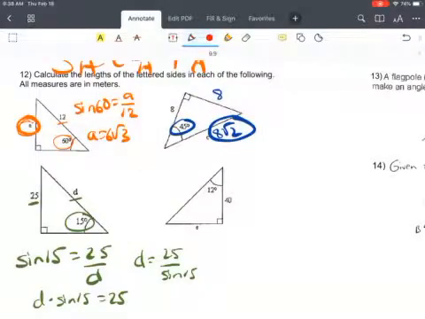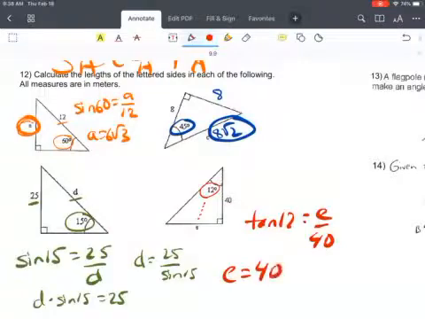And for E, I have 12 degrees, and I'm looking for the opposite and then the adjacent. So for E, it would be tangent of 12 equals E over 40. When I cross multiply, I get E equals 40 times tangent of 12, which means E is about 8.502.